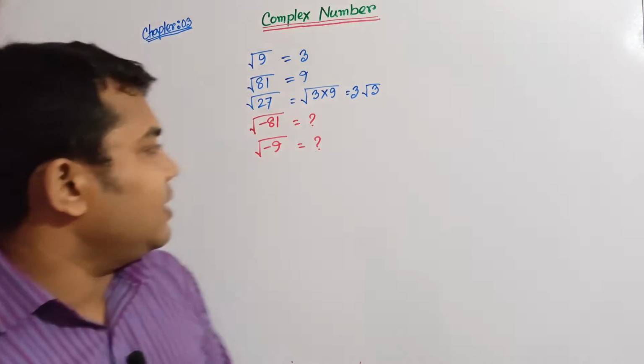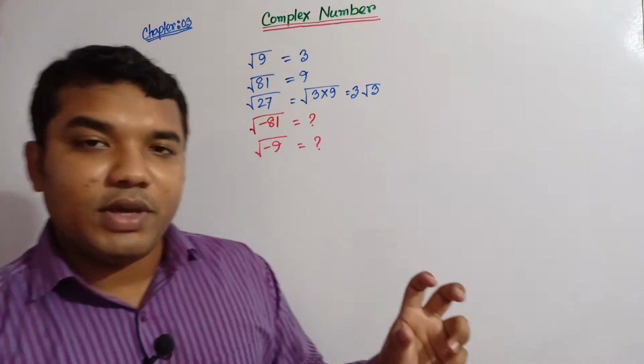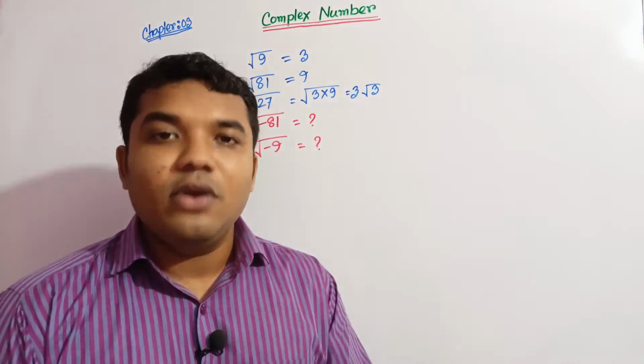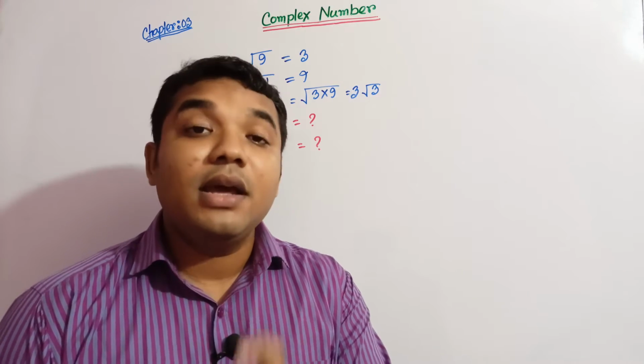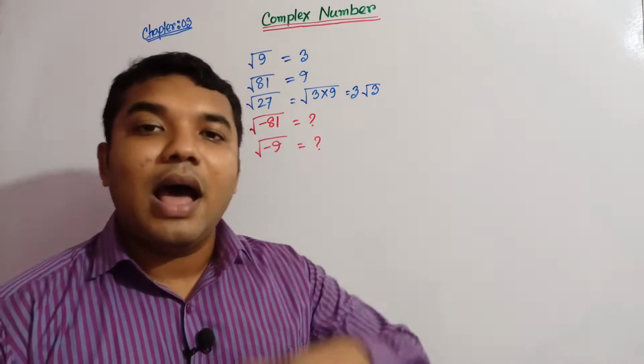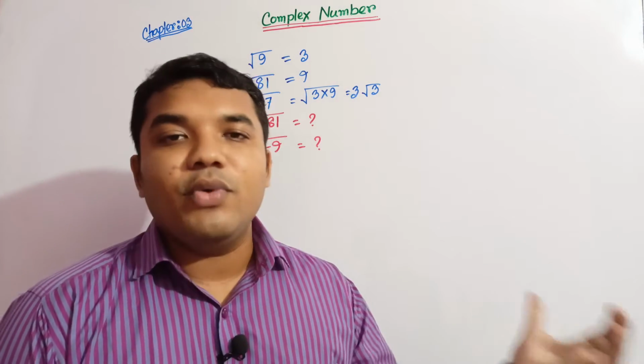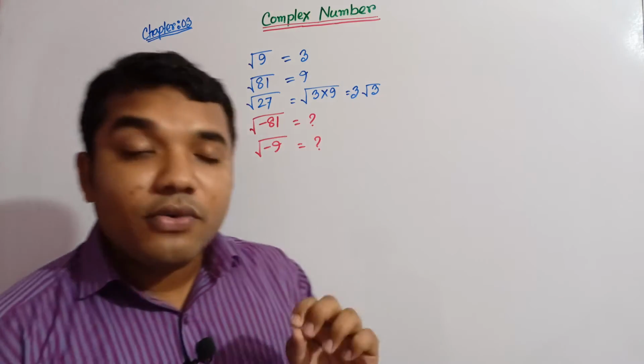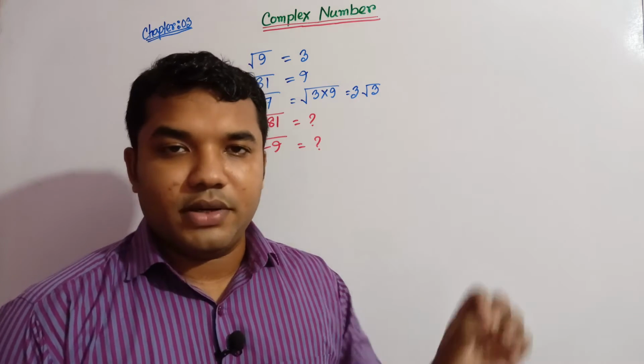And a complex number is generally made with some imaginary part. We'll discuss the imaginary part, but first of all, how we can solve these types of problems, or from where we can find these types of expressions.